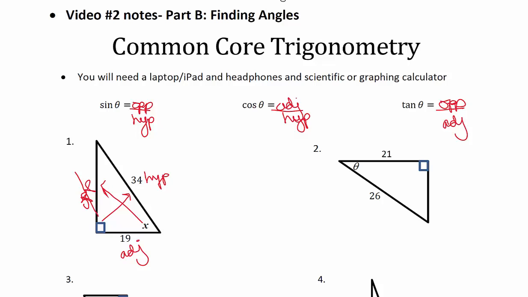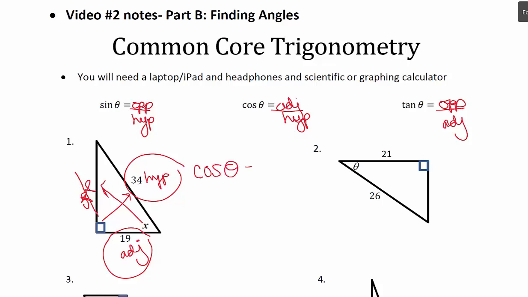So when looking up at these three ratios, sine involves opposite, tangent does, but cosine deals with adjacent and hypotenuse. And we have the adjacent, and we have the hypotenuse. So we're going to strictly work with cosine.